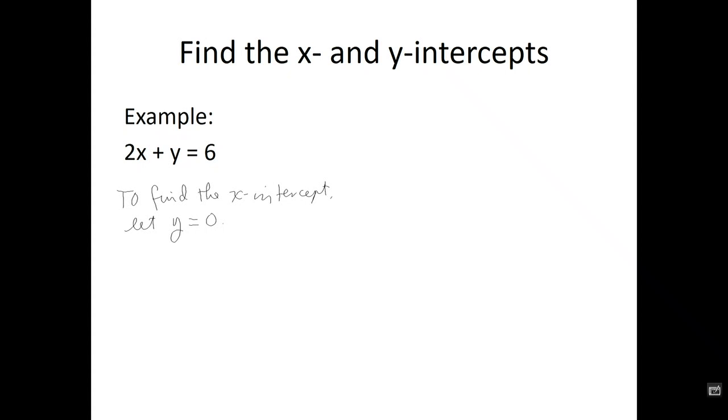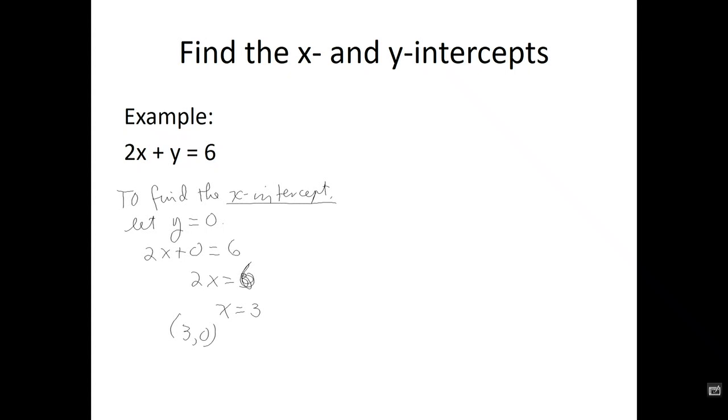So in the equation, 2x plus 0 is equal to 6. 2x is equal to 6. So therefore, x is equal to 3. So the x-intercept is the point 3, 0.